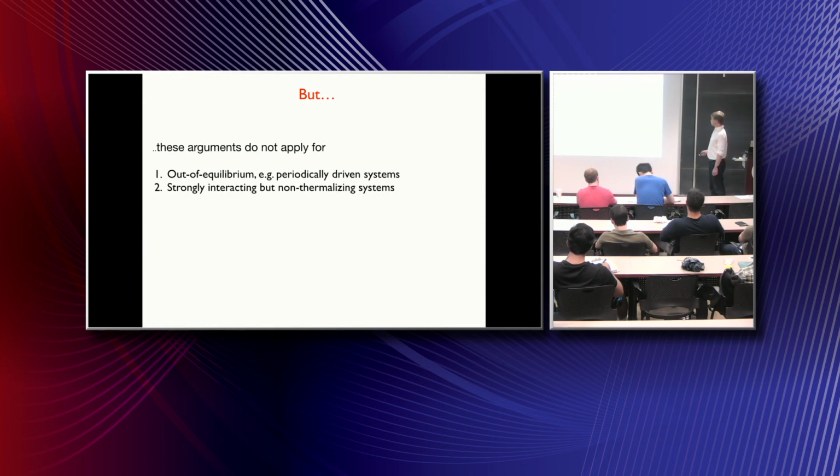And so, okay, the fact that you can drive the system out of equilibrium doesn't surprise anyone. The second condition is a little bit unusual, but there are known states which satisfy these conditions, such as the many-body localized states.